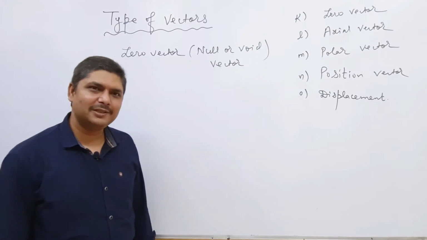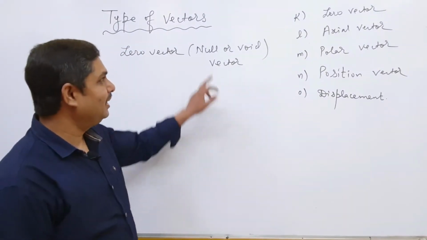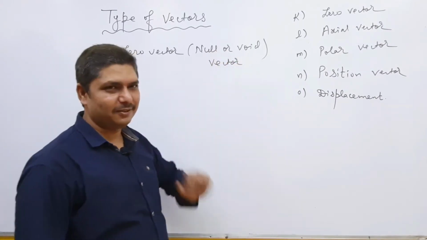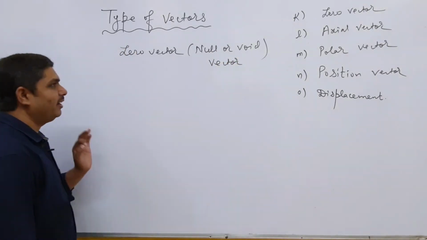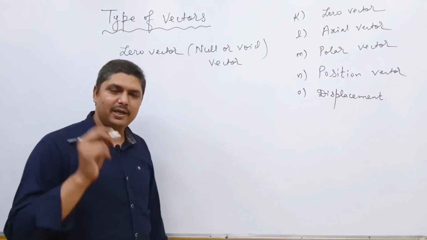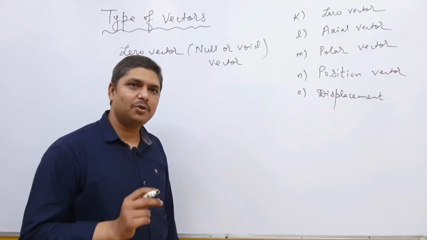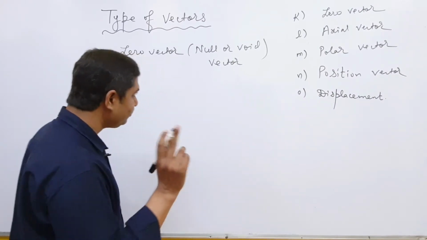I have said that a zero vector is also known as a null or void vector. So what is a null or void vector? A vector which has zero magnitude and no specified direction is said to be a zero vector.